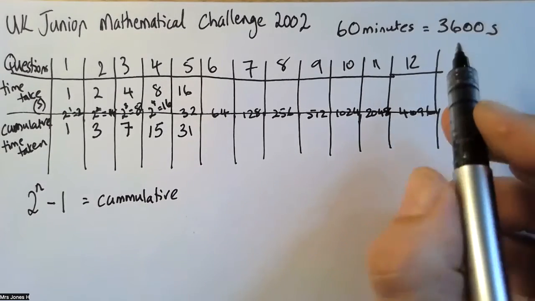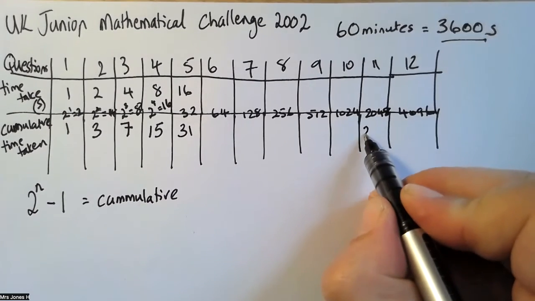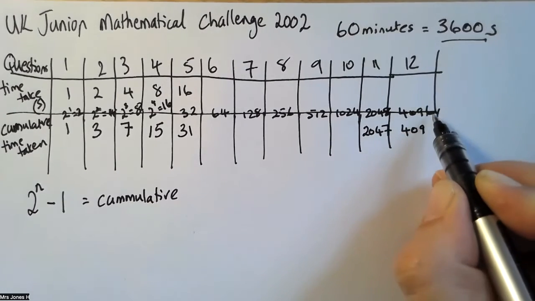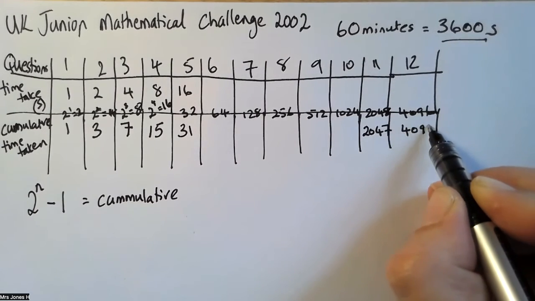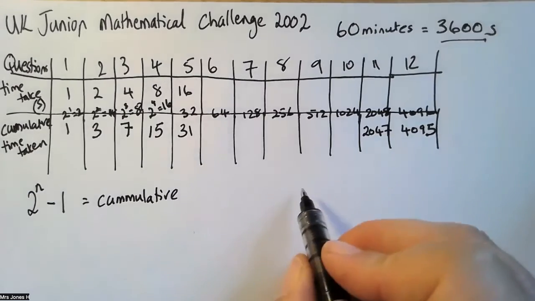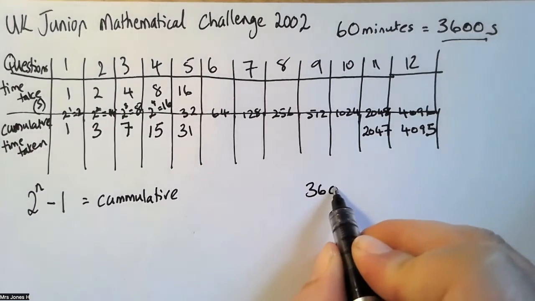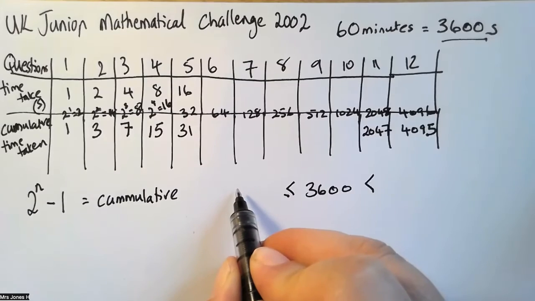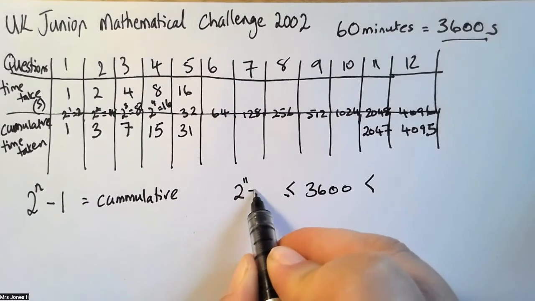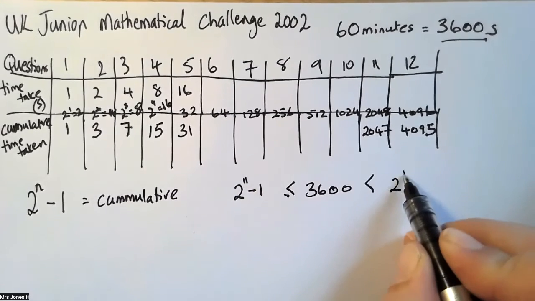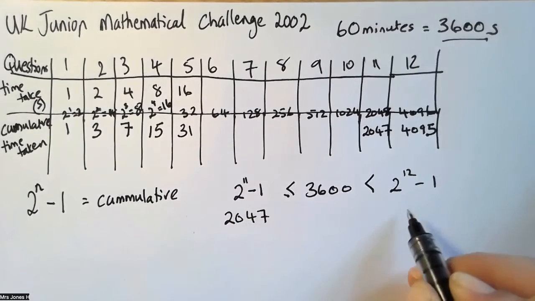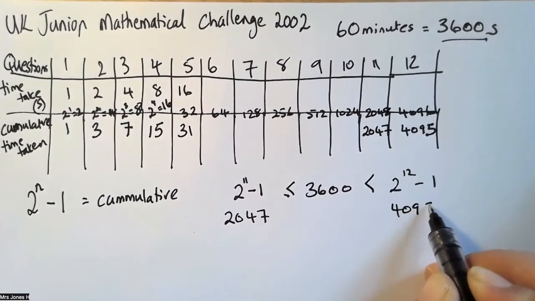We want 3,600. So 2047 here is 4095. So we know that 3,600 has to be somewhere between 2 to the power 11 subtract 1 and 2 to the power 12 subtract 1, because this is 2047 and this is 4095.